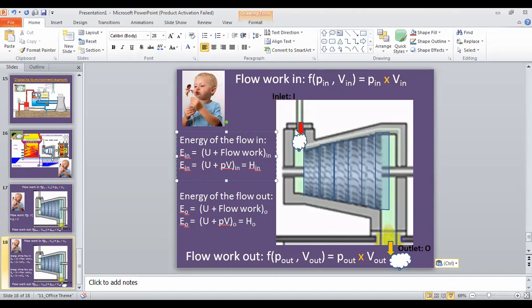That is U plus PV out equals H out. Later we will look into the units, don't worry. Now you know that other than the internal energy, there should be an energy component responsible for flow work. It is not the internal energy, but it's different because of the pressure effect.